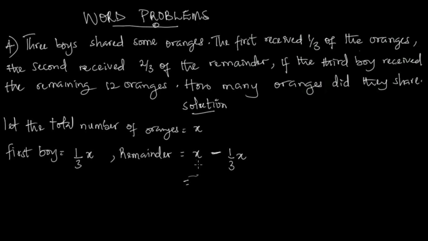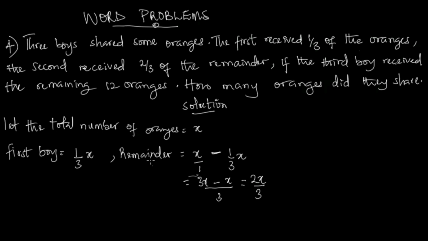Alright, so when I subtract this, you could use LCM. The LCM is 3, so 3x minus x gives you 2x over 3. So I am left with 2x over 3 as my remainder after the first boy has gotten 1/3 of the oranges.